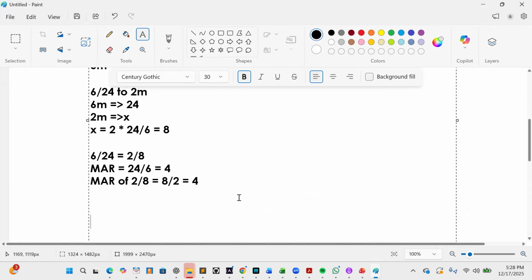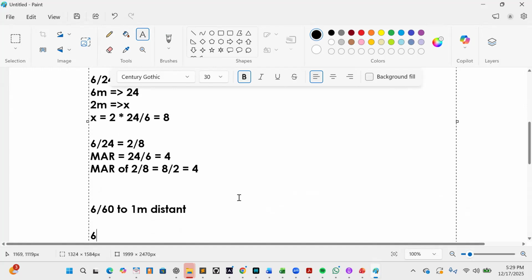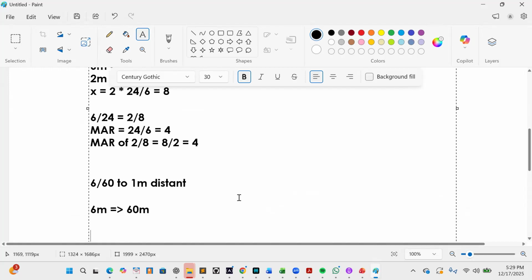Let's do the 1 meter one too. That's 6/60. And then you want to convert to 1 meter distance. So since at 6 meters one person should stay 60 meters away, if another distance is 1 meter, how long can that person stay? x will now be equal to 60 times 1 divided by 6.